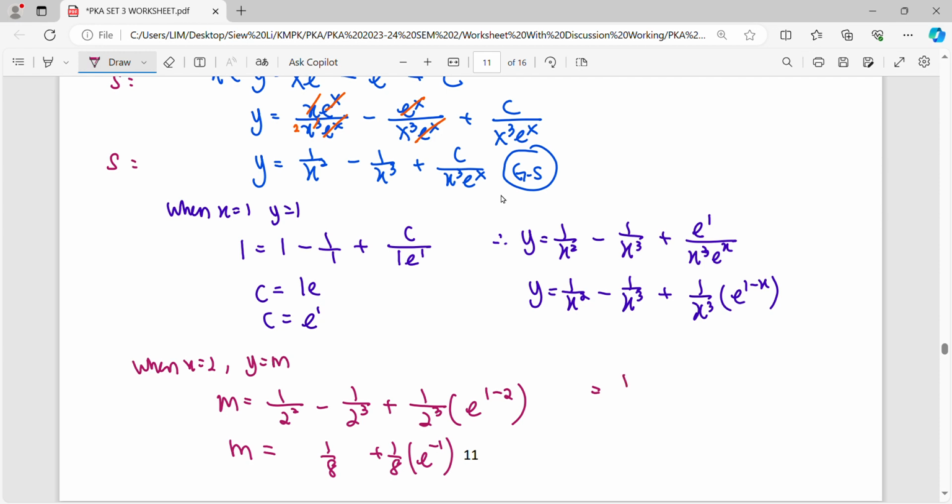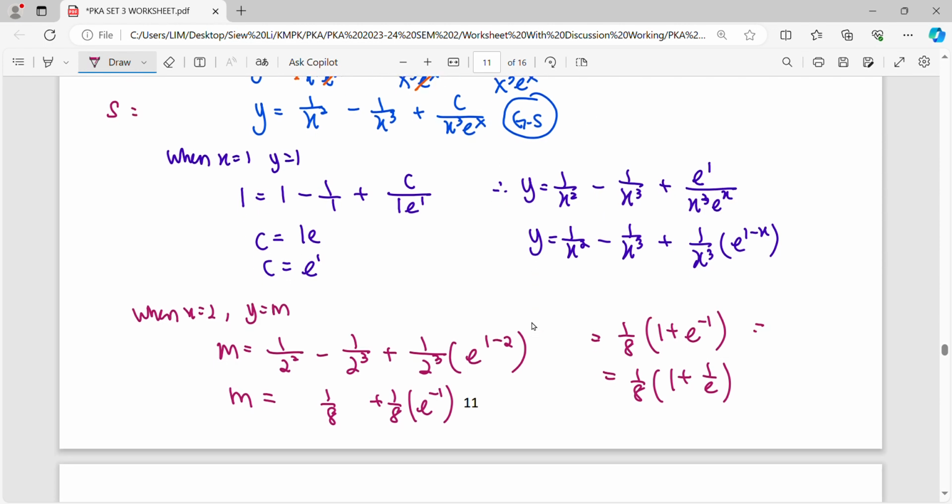Alright, so 1 over 8 can be factorized. Here it will be 1 plus e to the power of negative 1, which simplifies to 1 plus 1 over e. Alright, so then you can get the pattern of your answer.